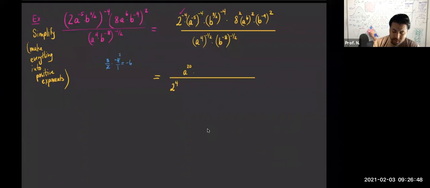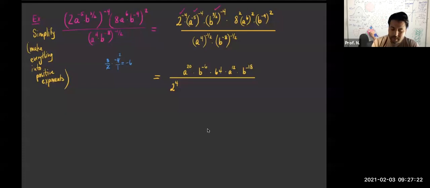Fractions are important to know how to deal with because it can actually be very useful knowing how to deal with fractions rather than decimals, for example. So far, so good. So I took care of this expression, and this expression. Now 8 to the 6th power becomes 64. a to the 6th squared becomes a to the 12th. b to the negative 9 squared becomes b to the negative 18.